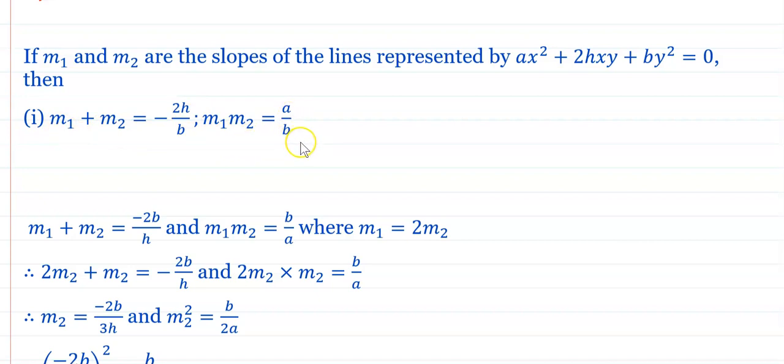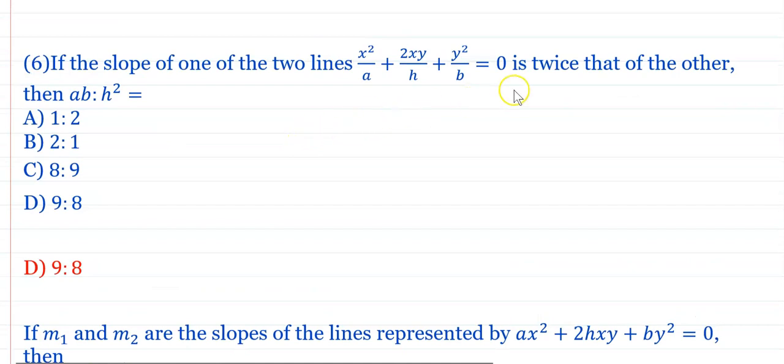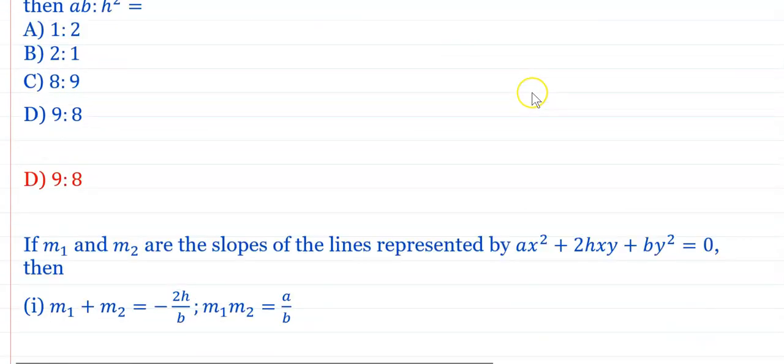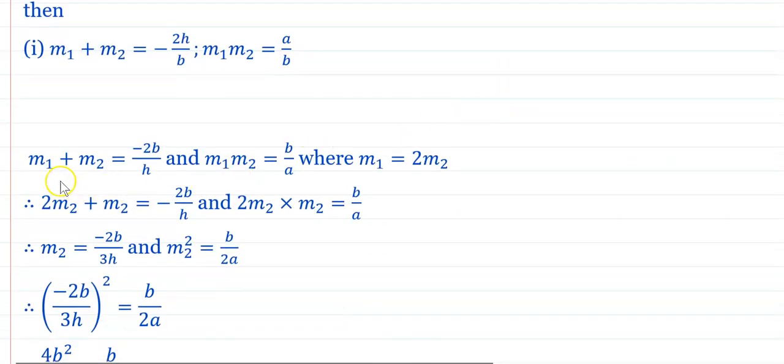Now here the slope of one line is twice the other. Therefore, we write m1 is equal to 2 times m2. Here m1 is replaced by 2m2, so 2m2 plus m2 is minus 2h upon b, and m1 into m2 is equal to a upon b, which means m1 is 2m2, into m2.